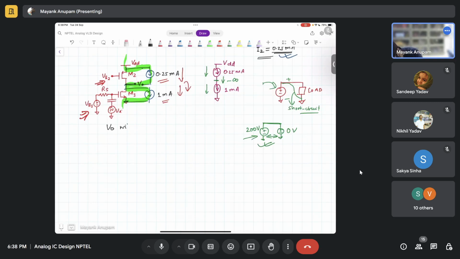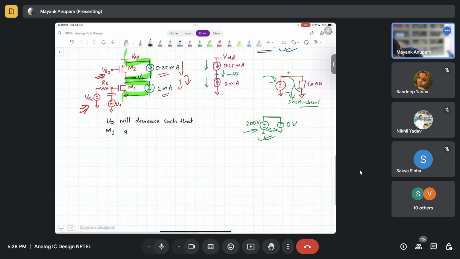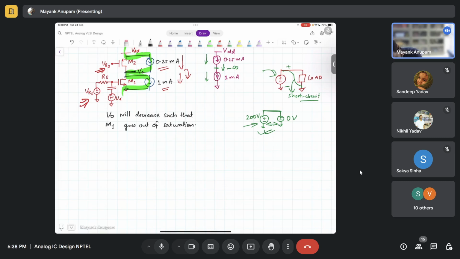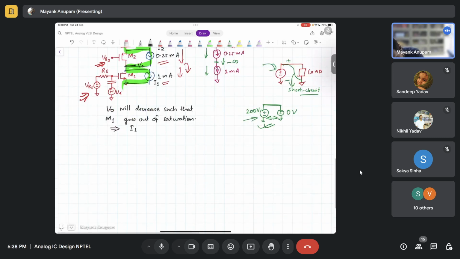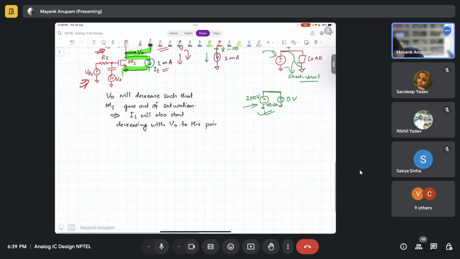V0 will decrease such that M1 goes out of saturation, which implies I1 will also start decreasing with V0 to the point where I1 equals I2. Here this is I2, this is I1. Get my point?